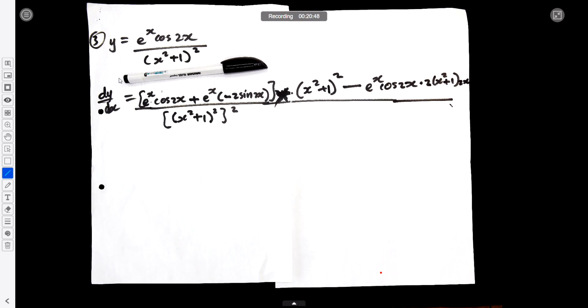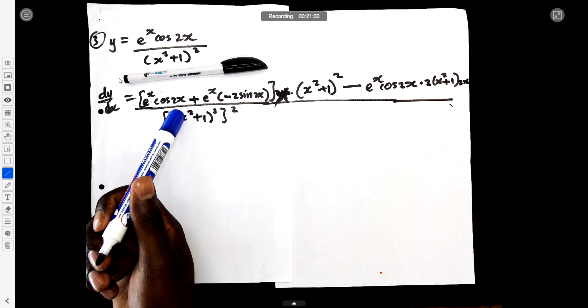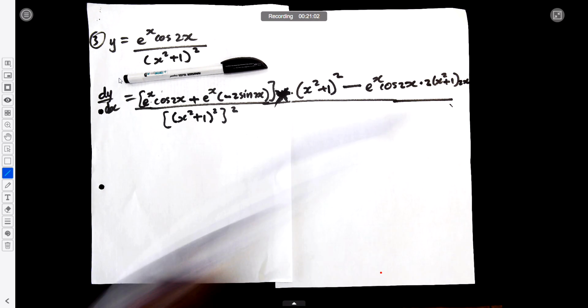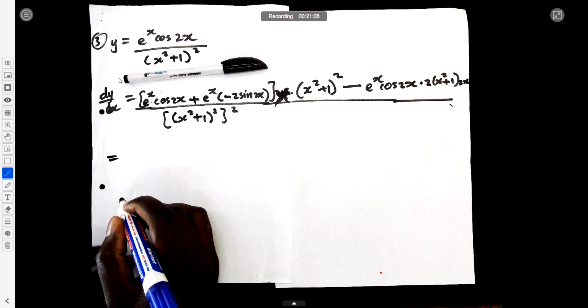So if maybe you wanted to simplify, I think you can multiply out this bracket. And let me see if we multiply out. But this is a longer route. It's not necessary.